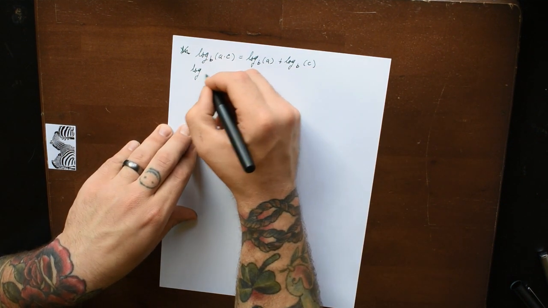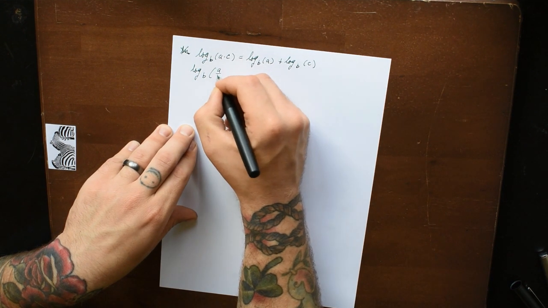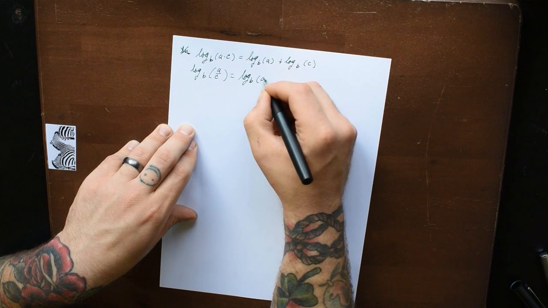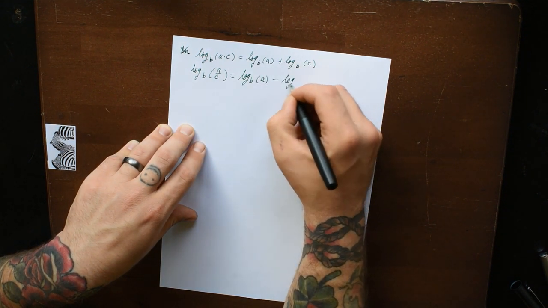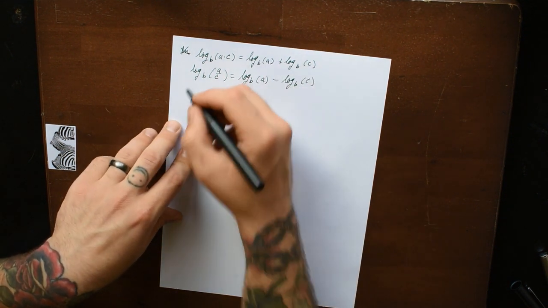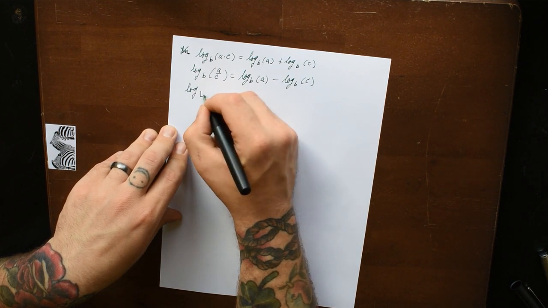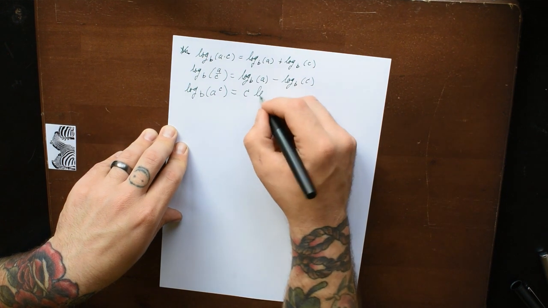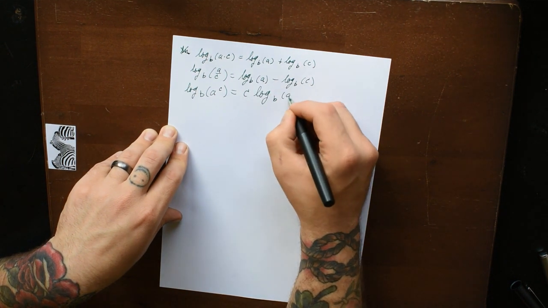The log base b of a divided by c is equal to the log base b of a minus the log base b of c. We've got the log base b of a to the c is equal to c times the log base b of a.